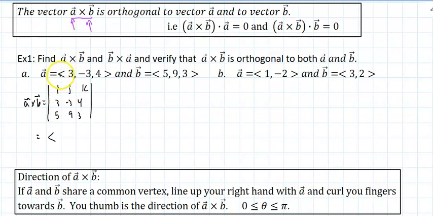the I component. It's going to be negative 9 minus 36. The J component, negative, always a negative because of the cofactors. If I eliminate J's row and column, that's 9 minus 20.